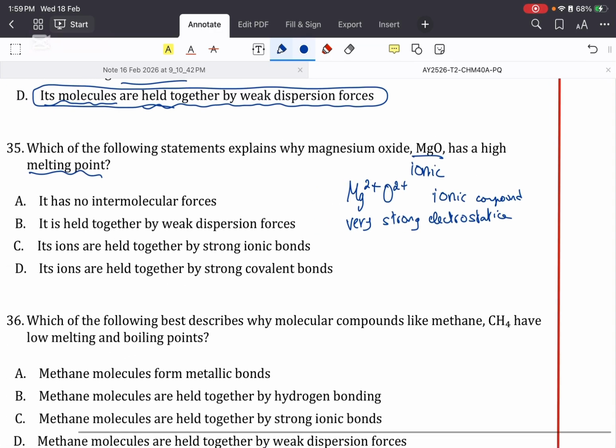They are the kind of ionic bond forces. To break these, or to separate the ions in the crystal lattice, you need to overcome these strong forces. Therefore, the melting point of magnesium oxide is going to be very high.